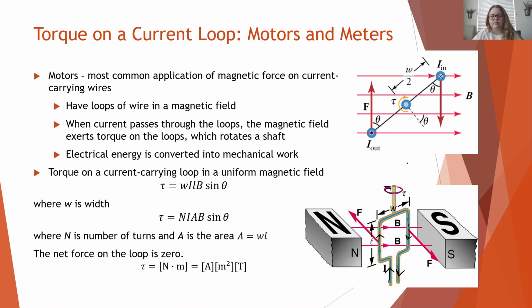We have another view of this. This is a side view, or rather a top view, of the system. We have a current that's coming towards us, or out of the page here, where we have that dot. The magnetic field is going in, let's say, the positive X direction.